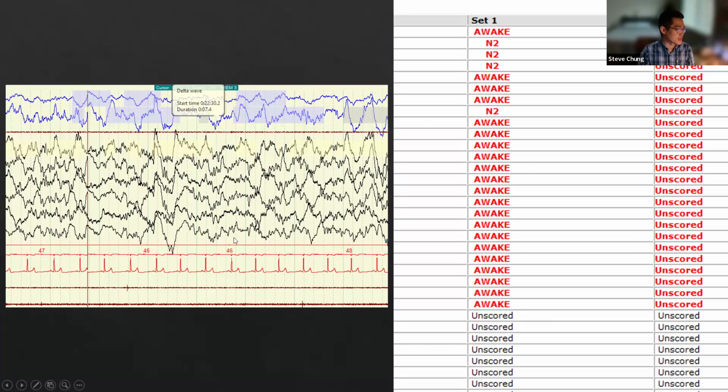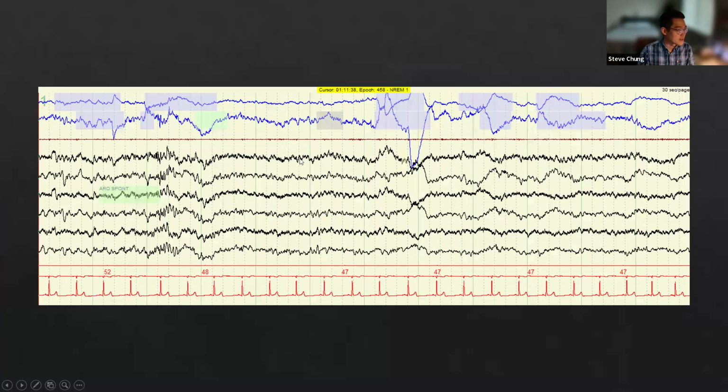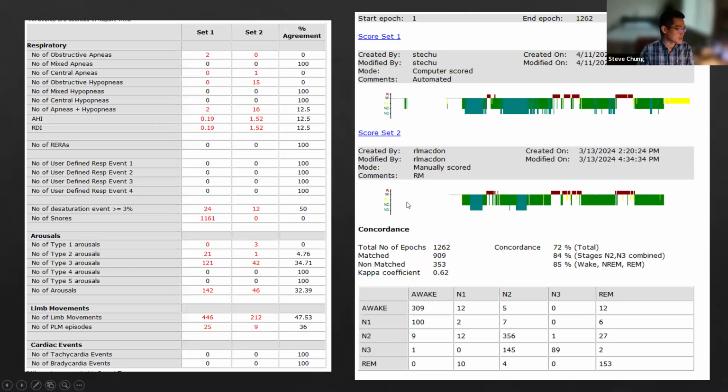I picked an example of a slide where the computer is staging this as stage 3, where the human is scoring this as stage 2. And here's another example. This is where the machine is scoring this as REM, but the computer is scoring this as stage 1 here. This is to highlight everything that was compared between the two.